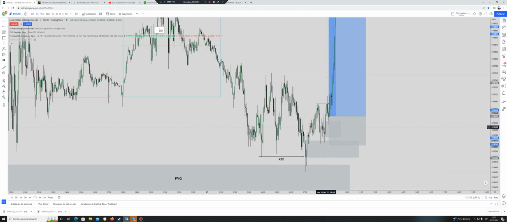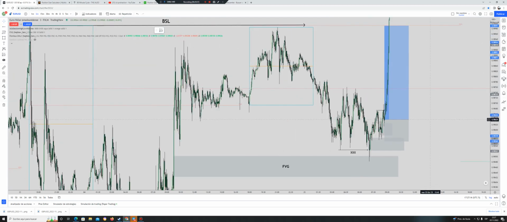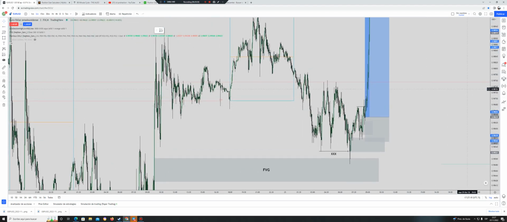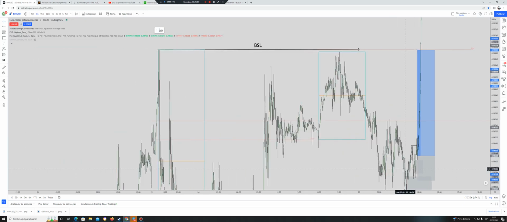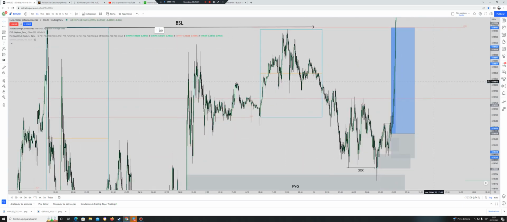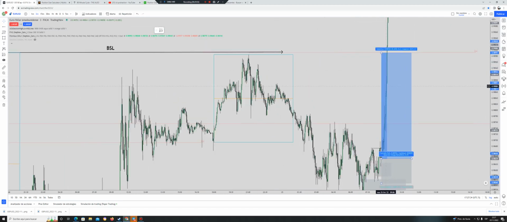This day we had red news, I can't remember which. Once I saw this low was taken, tapping the fair value gap, and we have this buy-side liquidity, equal highs here, it was like they're going to take price to those highs to take all that liquidity.